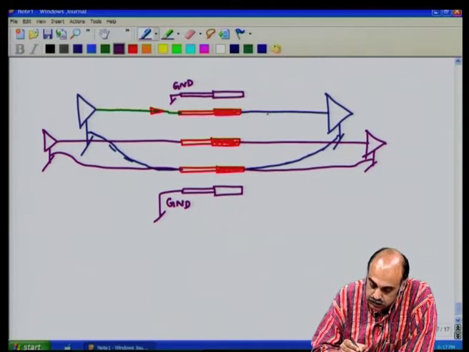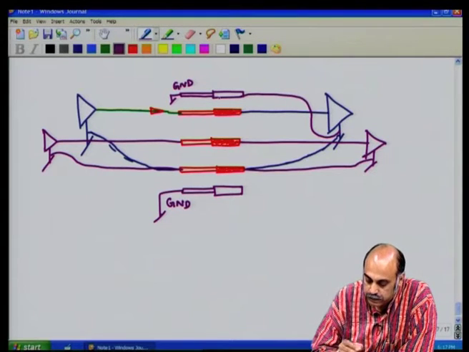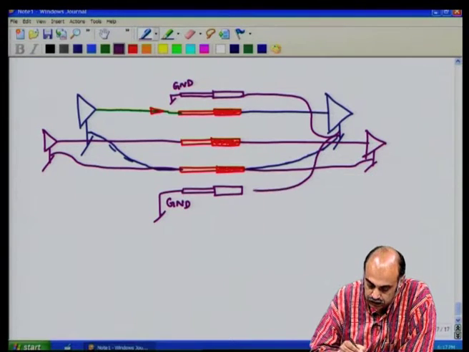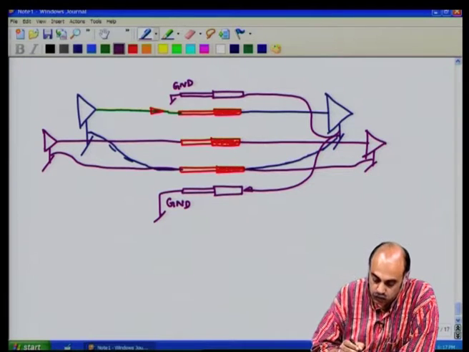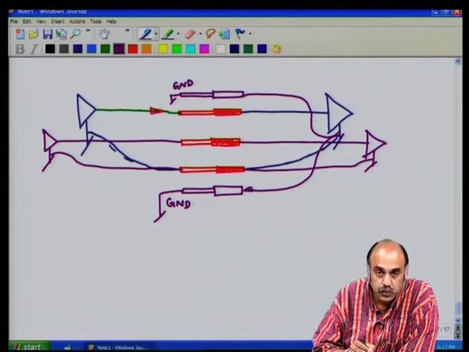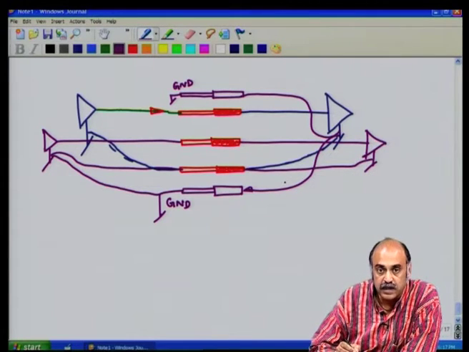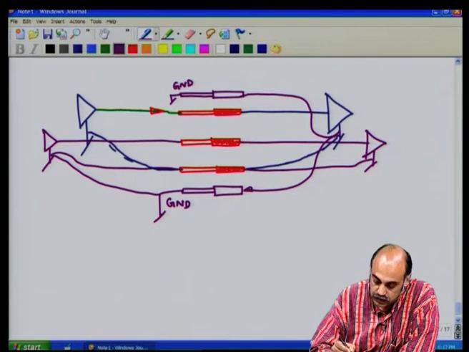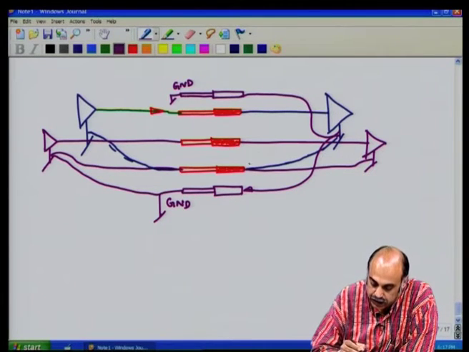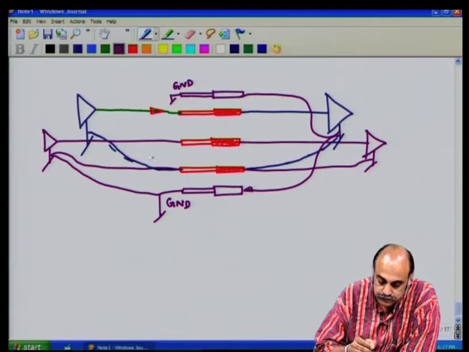So, what happens in the return path, this line is split here and here. So, what returns through this is much lesser than if it was a single ground. So, in the grounds the current gets split.